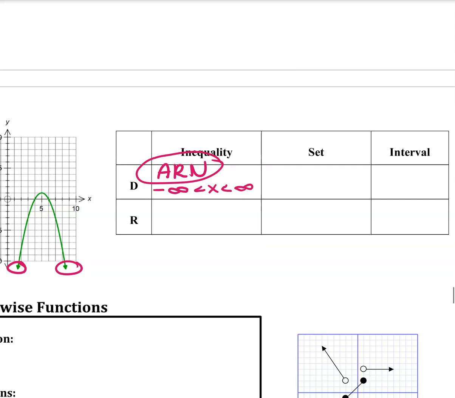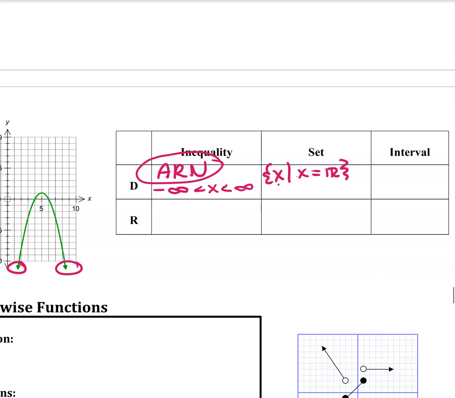And then on the set, I also accept this, the set of x such that, and then I would put all real numbers, that's fine, or x equals, and then this is all real numbers. Sorry, it's an R with an extra little stick at the end.